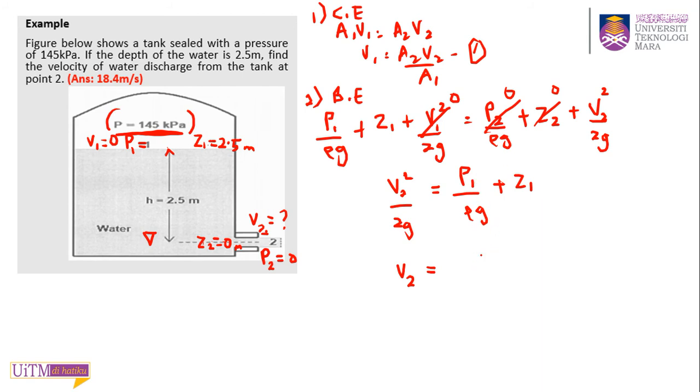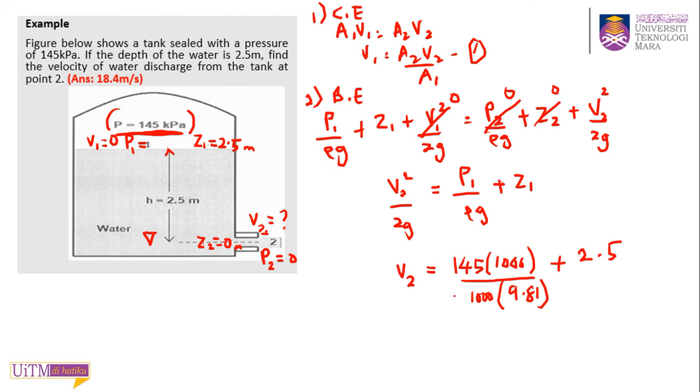We have P1, 145 kilopascal, so that means 145 times 1000 over rho of water, 1000, times 9.81, plus Z1, which is 2.5 meter.